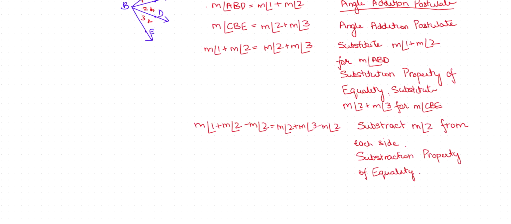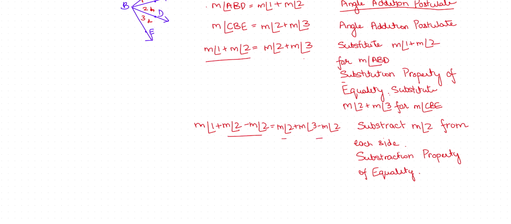So we substituted the measure of angle 1 plus the measure of angle 2 for ABD here using the substitution property of equality. And we also substituted angle 2 plus angle 3 for CBE. Now we'll subtract angle 2 from each side using the subtraction property of equality.